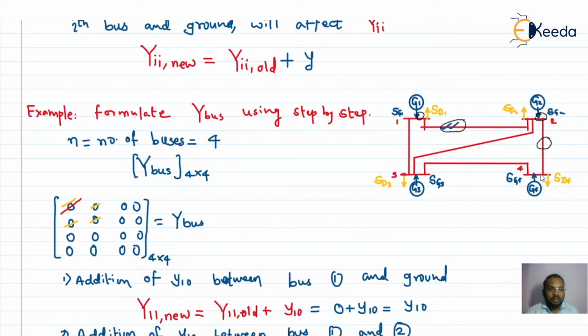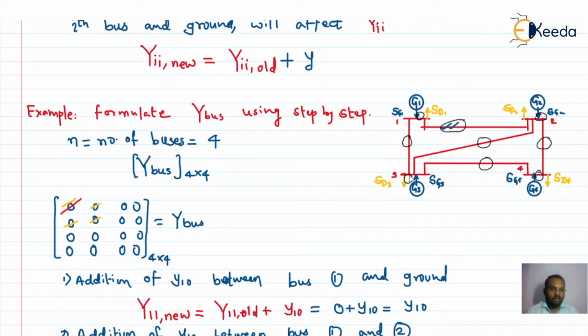Similarly, we can consider the admittance between bus 4 and 0. In the same way, we can consider the element connected between bus 4 and 3, the element connected between bus 3 and 2, the element connected between bus 1 and 3, and the element having admittance between bus 3 and ground.